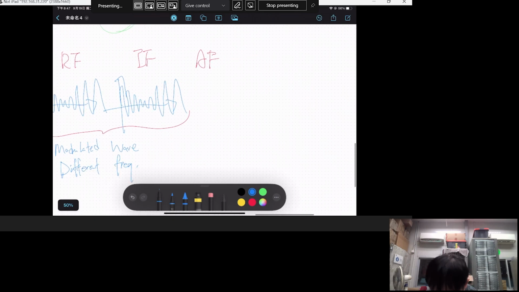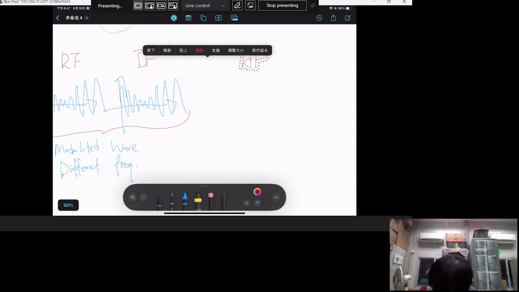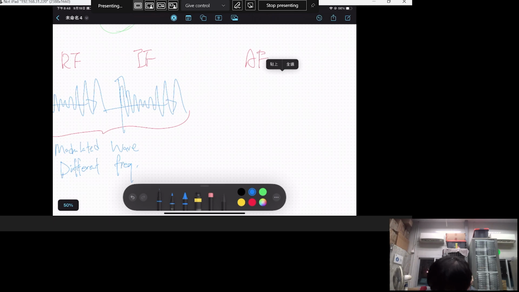But for audio frequency, let me do a clone again. So you see the red line? We'll recover this one. This is the audio, okay?